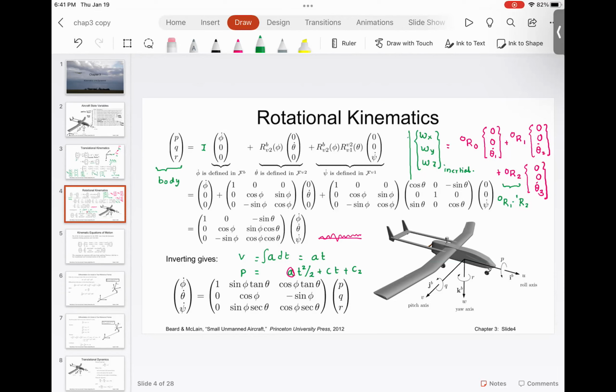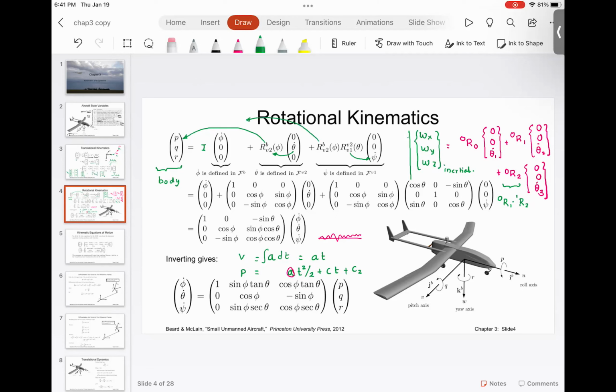This rotation matrix takes the rotation and converts it into the body frame where you have P, Q, and R. This rotation is in the vehicle 1 frame. The vehicle 1 frame gets transformed to the vehicle 2 frame, and the vehicle 2 frame gets transformed to the body frame.